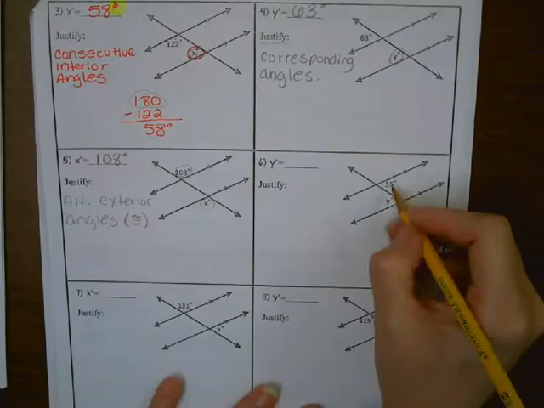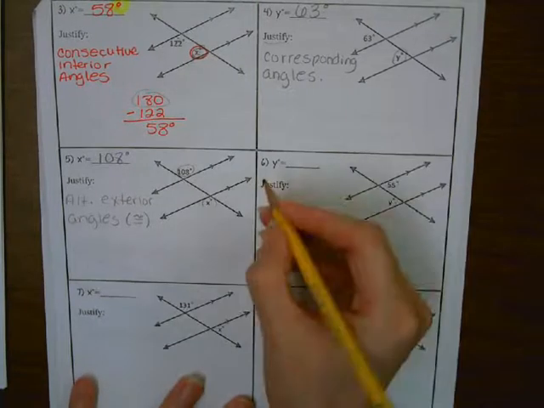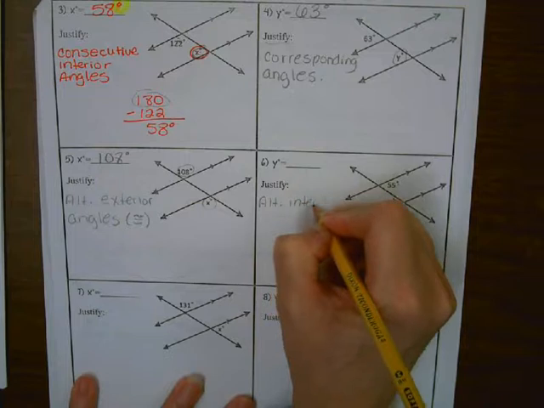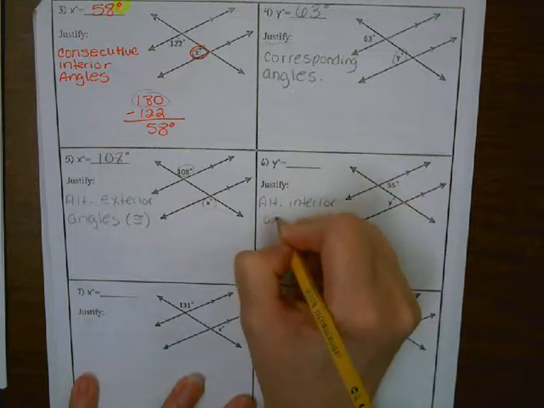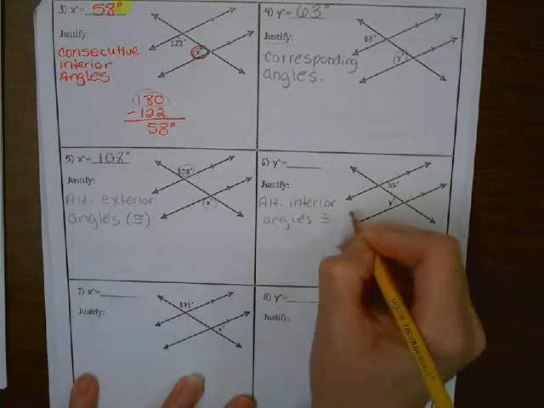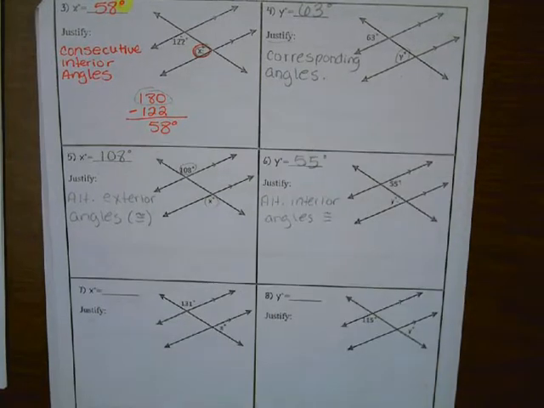Okay. What do I know about angle Y? I know that it is an alternate interior angle. And I know that they are congruent. So Y has to be 55 degrees.